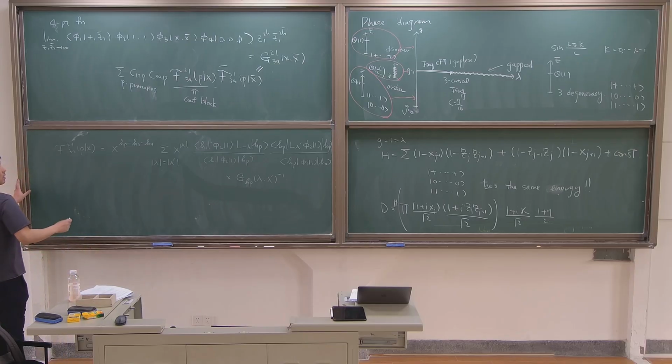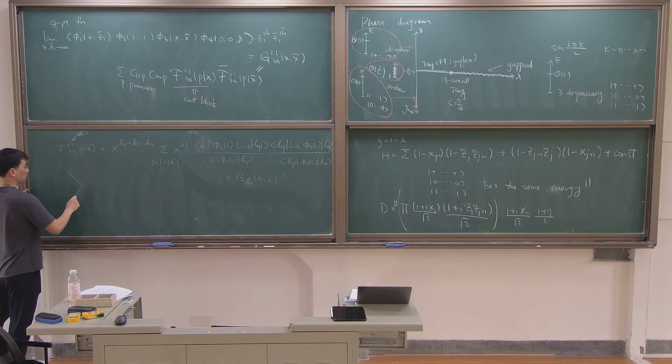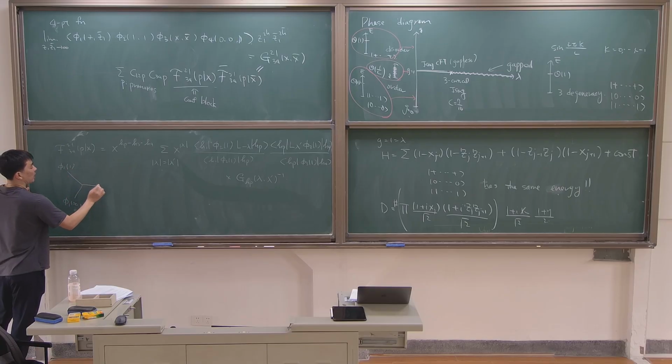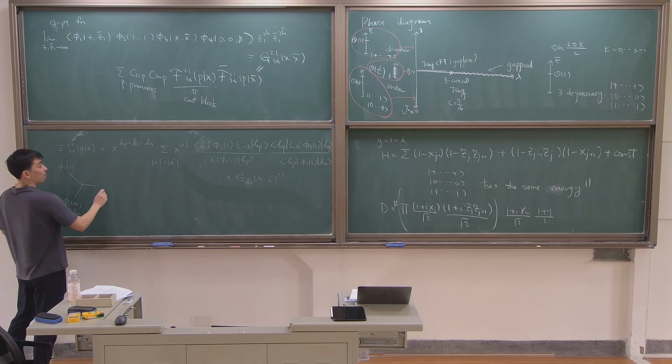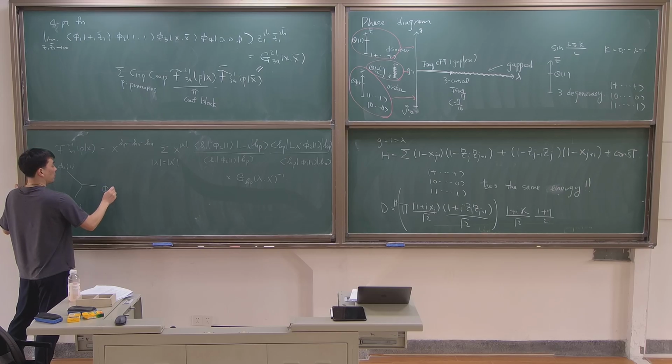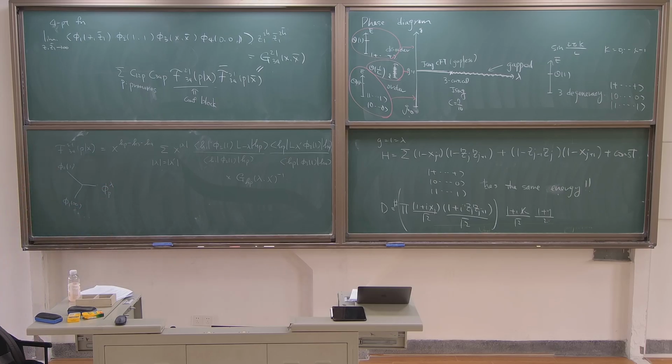So this is as follows. You have phi 1 at infinity and phi 2 at 1, and here you have a phi p lambda.